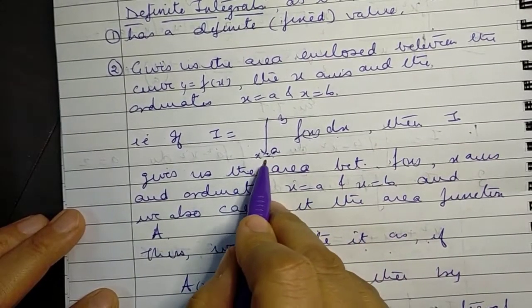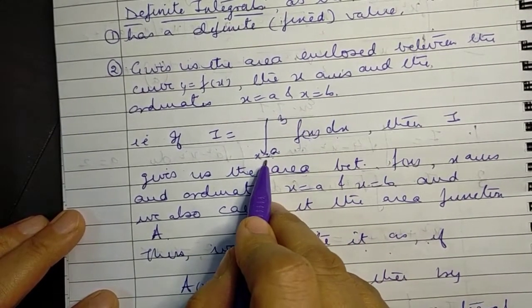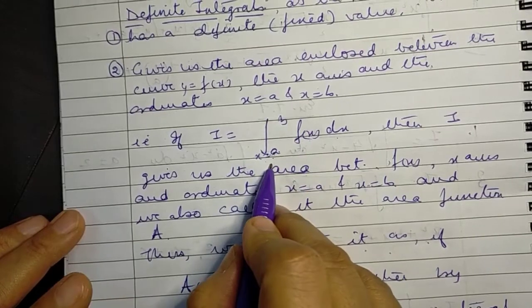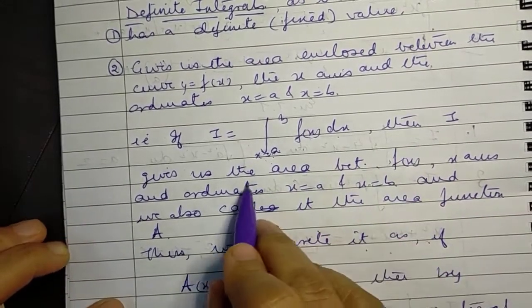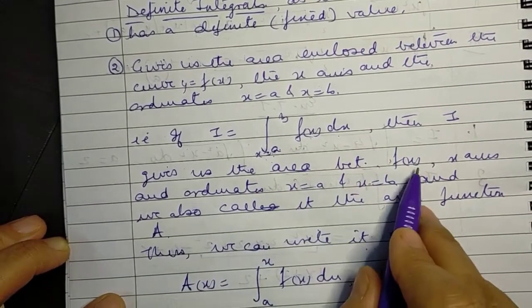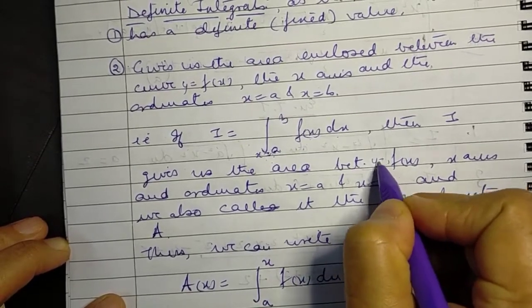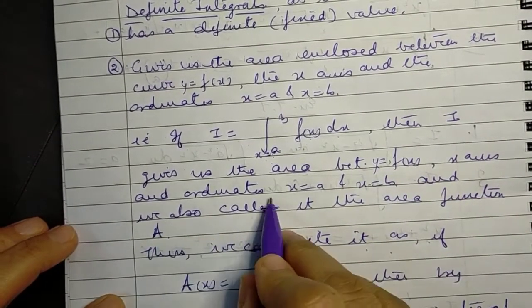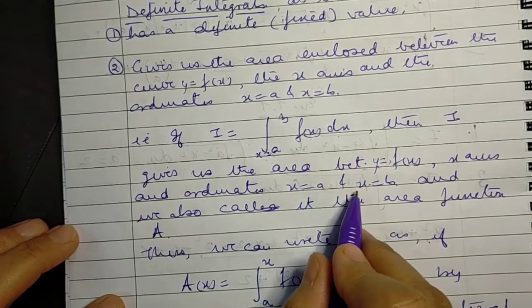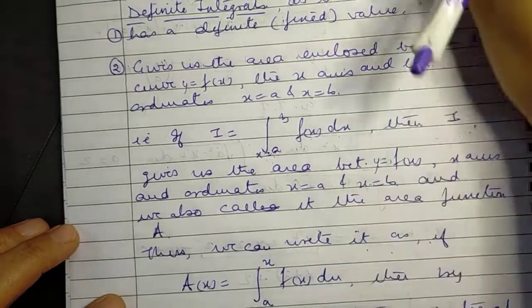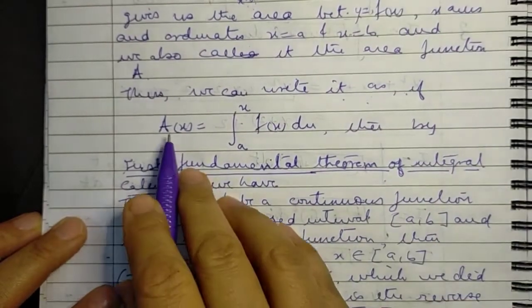We don't write this x, but it is understood that it is the value taken up by x. Then I gives us the area between the curve y equal to f(x), the x-axis and the ordinates x equal to a and x equal to b, and we also call it the area function.